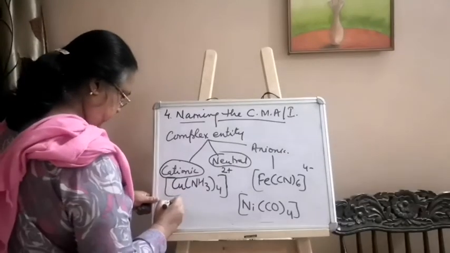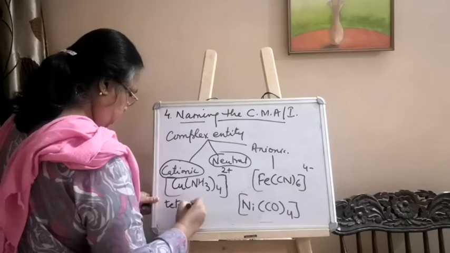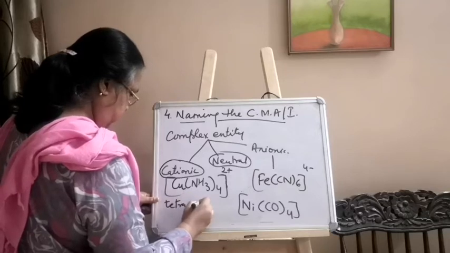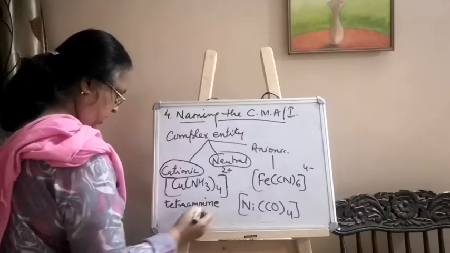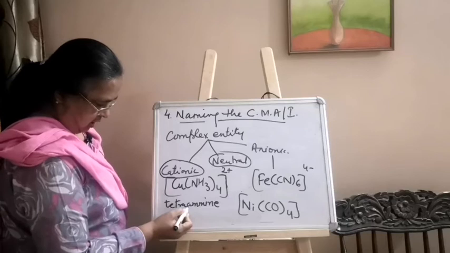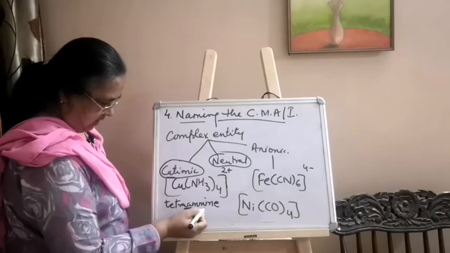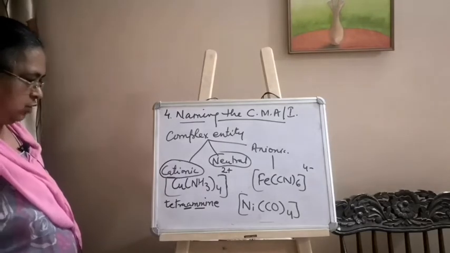In this case, we will have tetraamine. Are you noticing, students? Last time in my class, while I was teaching you all these names, I told you here tetra, double A and double M. No grammar rule you have to apply. There are 2 vowels.